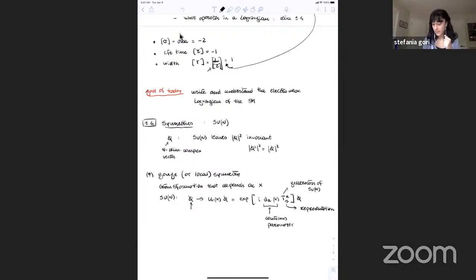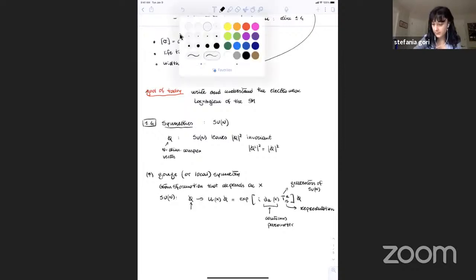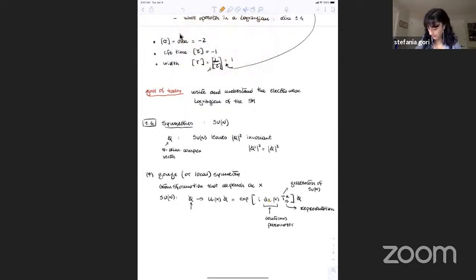Then you see also that I'm putting an index A that tells us that indeed we'll have more than one generator. In particular, for SU(N), we'll have N squared minus 1 generators. So the index A will go from 1 to N squared minus 1.